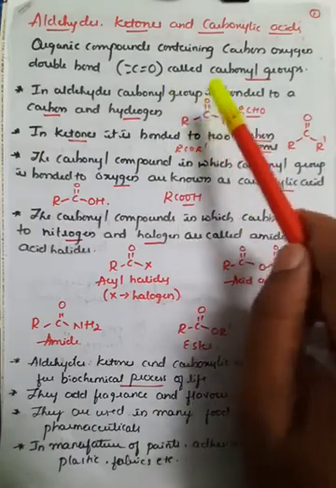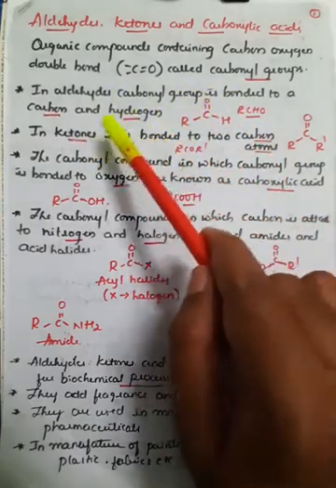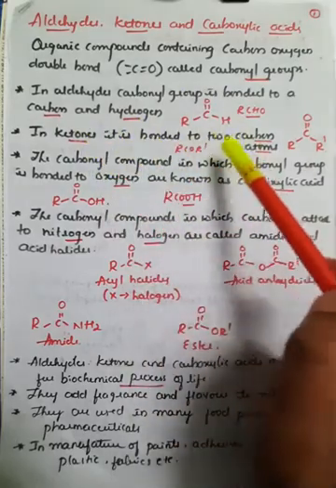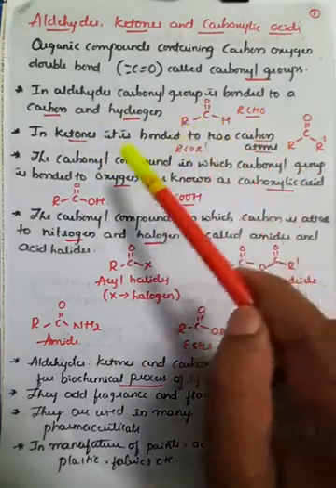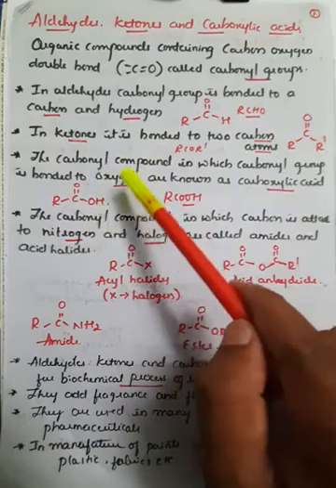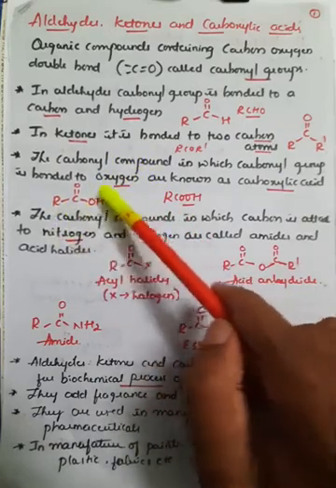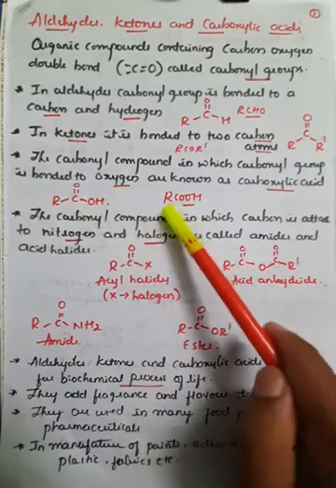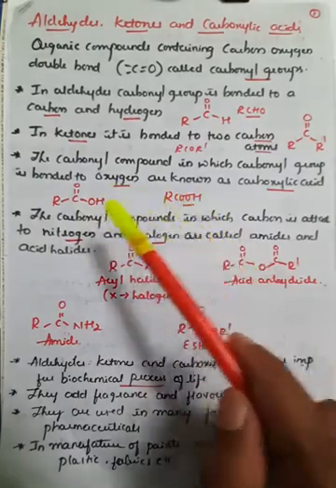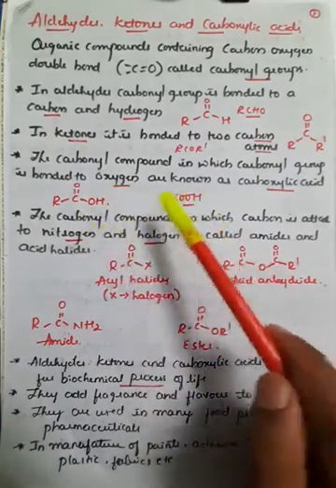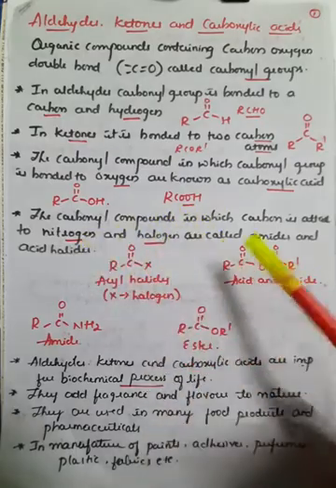The carbonyl group is bonded to carbon and hydrogen, but in ketones it is bonded with 2 carbon atoms, which may be alkyl or aryl, and in case of carboxylic acid, one side is bonded with the alkyl or aryl group and another side it is bonded with the OH group, generally in the form of RCOOH.